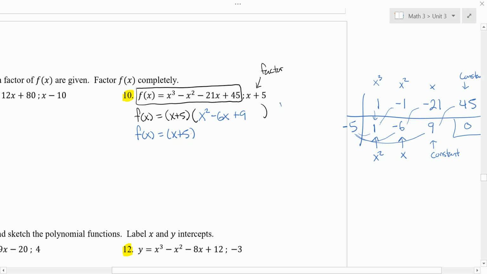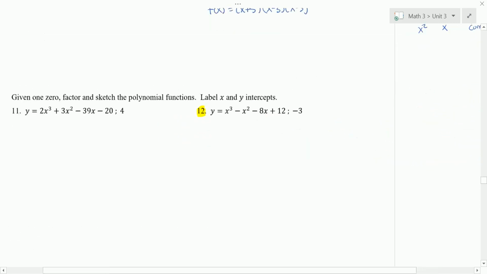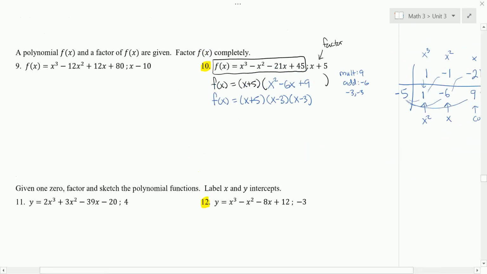We're looking for two numbers that multiply to 9 and add to -6. -3 and -3. So this factors to x minus 3 times x minus 3. And now it's factored completely.